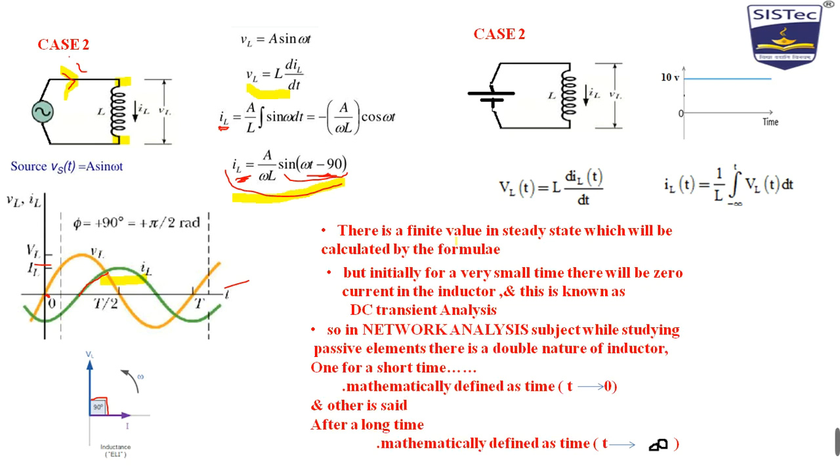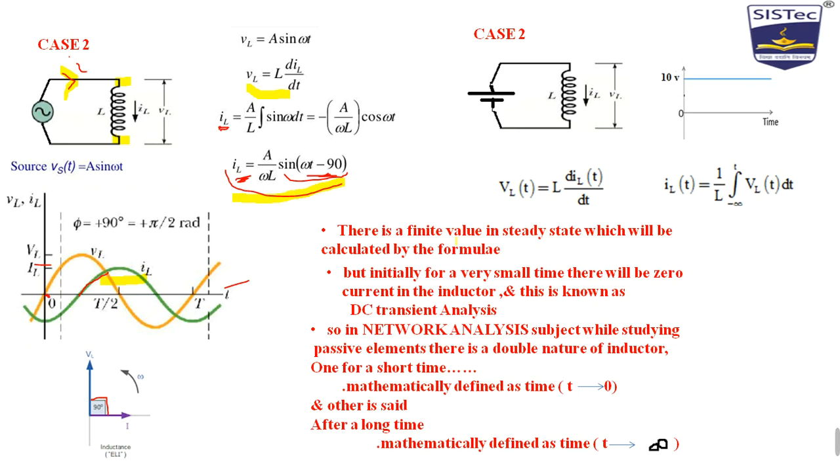The third point: in the network analysis subject, while studying passive elements, there is a double nature of the inductor. One for a short time, mathematically defined as t equal to 0, and the other after a long time, mathematically defined as t tends to infinity.